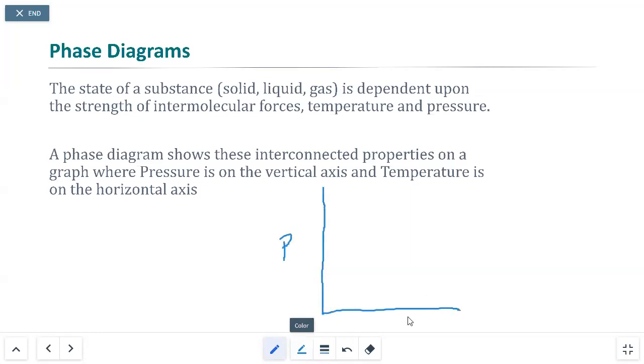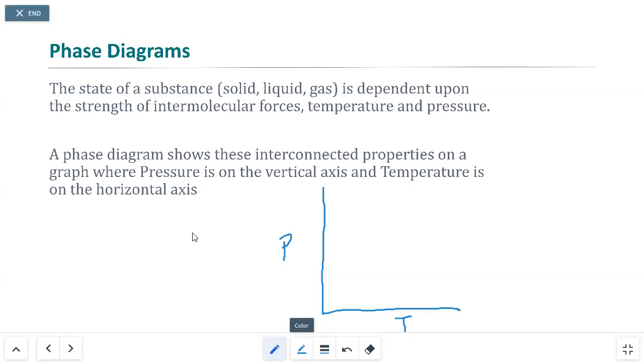Pressure on the vertical and temperature on the horizontal. Now, what are we graphing on this graph? We are graphing the phase of matter that exists at these particular temperature and pressure conditions.